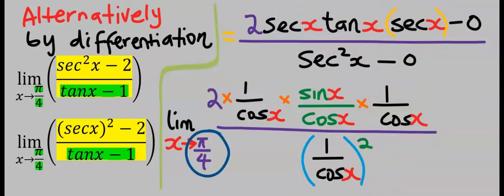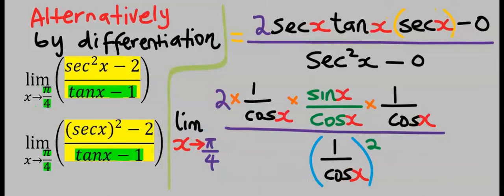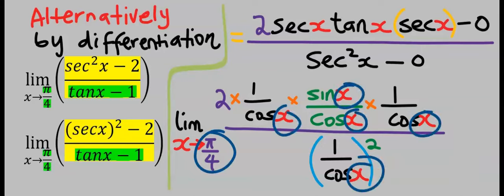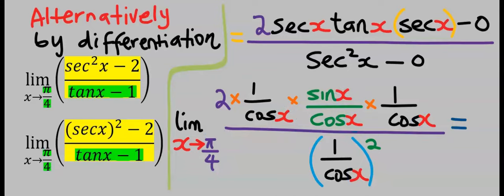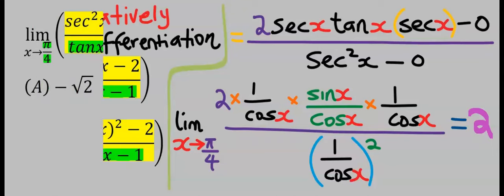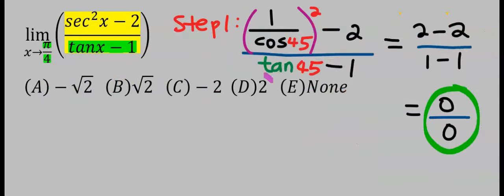Pi over 4 is the same thing as 45 degrees. Hence, you take the limit of this function. Wherever you see x, you substitute 45 degrees. Substituting and solving carefully, your answer is 2, which is the same as we got earlier. And from the options, our answer is D.